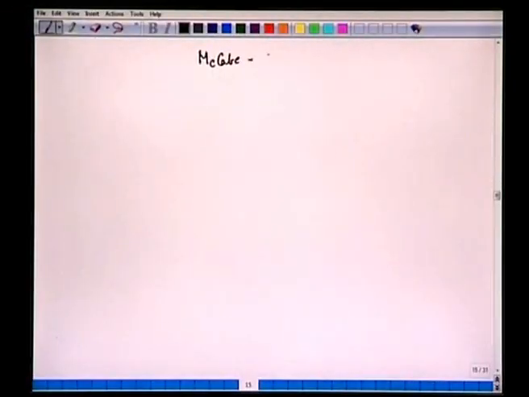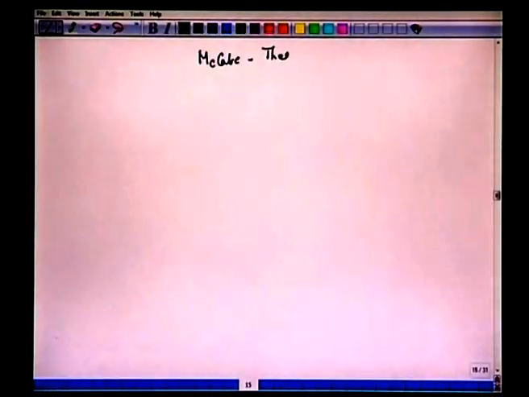So we look at this McCabe-Thiele method in this lecture and see where we are making these assumptions and how they result in simplifications. Let's start with the McCabe-Thiele method. We make a note that, of course, this method has an approximation.